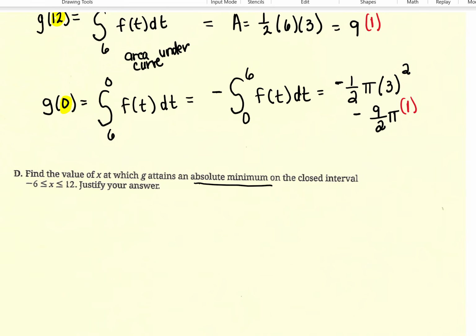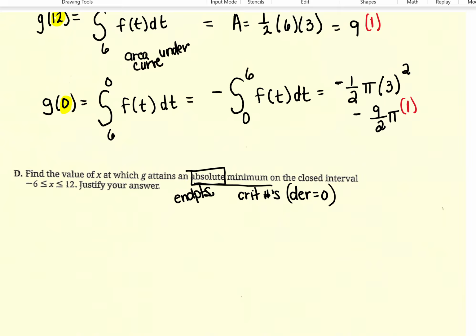If you want any minimum, you need to look at your critical numbers, or that's just where the derivative is equal to 0. But because it says absolute, not only do we look at our critical numbers, but we also have to look at the endpoints.